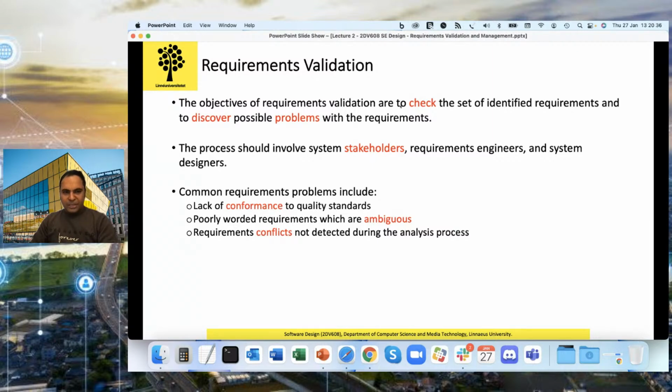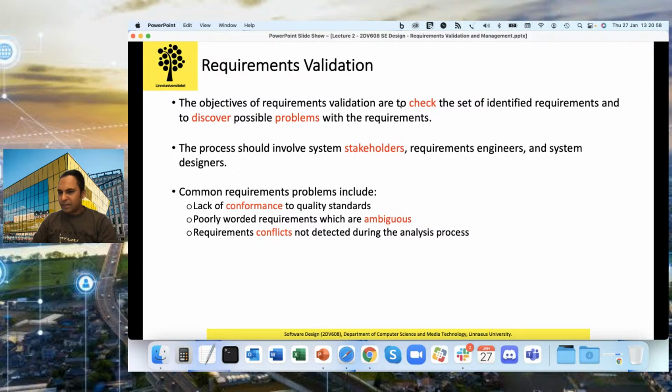During the requirements validation phase, requirements conflicts are also identified that were not detected in the previous phases, or maybe during the requirements analysis phase. Also, feel free to ask questions on YouTube chat or on Slack.